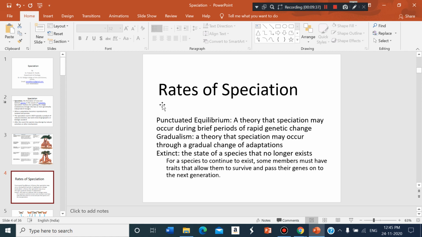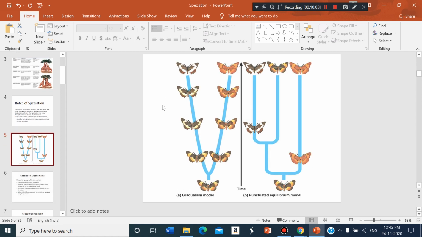And when they are alive, they can pass their genes on to the next generation. Then what is extinct? There are no members in the species which are in a position to transfer their genes to the next generation. As a result, they have become extinct.